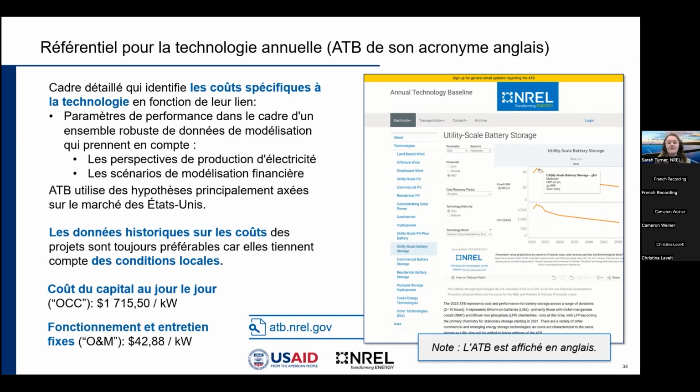The ATB can be a great resource to get started on modeling costs, but it is important to note that the ATB uses assumptions primarily focused within the United States market. In this way, it is always preferable to have historical cost data as it considers the local conditions that can impact your individual system.